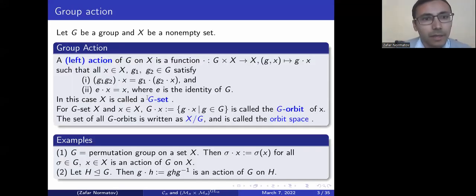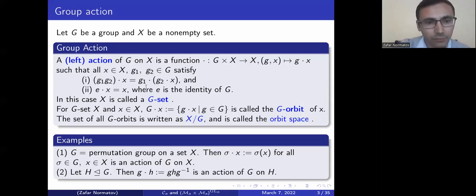Let G be a group and X be a non-empty set. An action of the group on the set is a function from the direct product to the set, such that for all x from the set and g1 and g2 from the group, the following two conditions are satisfied, where e is the identity element of the group.